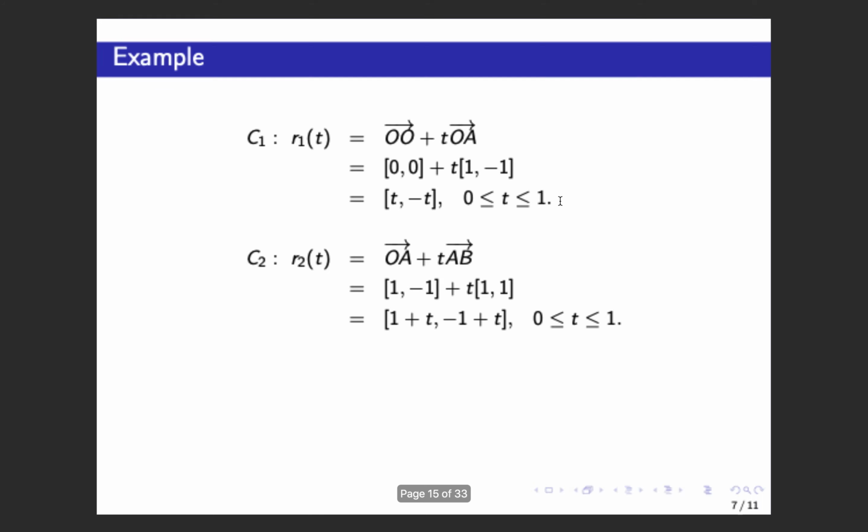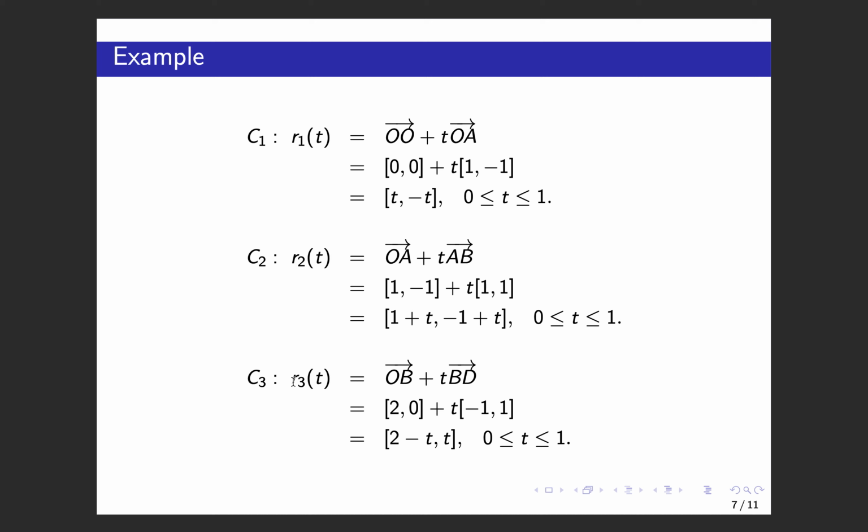C2, the path from A to B, can be written as the sum of the two vectors OA plus t AB. OA is 1, minus 1, and AB is 1, 1, so the parametric representation r2 will be 1 plus t, minus 1 plus t.